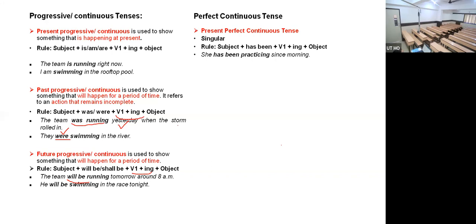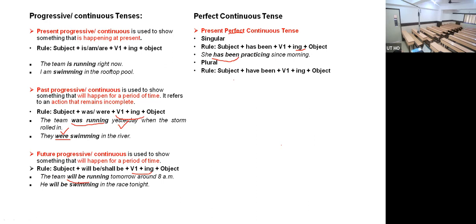So perfect continuous has been. Now there's a difference if you see. Just continuous is am, and when you talk about perfect, it is has been plus the verb plus ing. She has been practicing since morning. So it's not had been, has been.